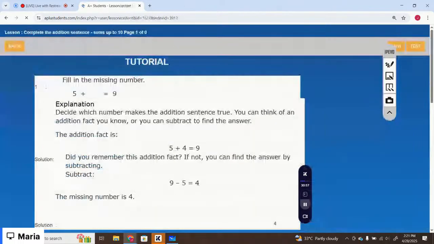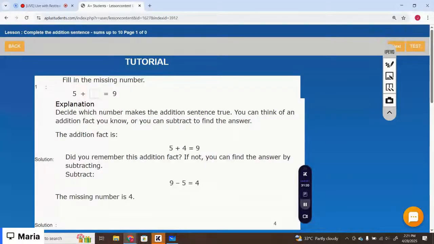Complete the addition sentences, sums up to 10. Fill in the missing number. 5 plus what number equals 9?